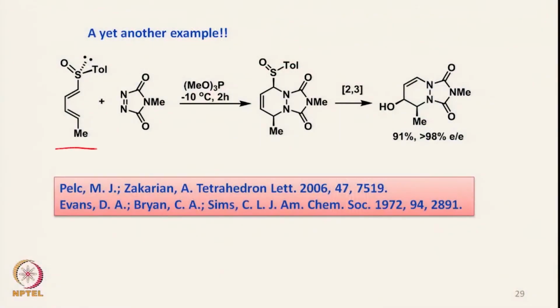Now there is yet another example which is similar to the example that we took last time, where we have a different vinyl sulfoxide. Here the diene and sulfoxide are in conjugation with each other, except that this example is basically a chiral molecule.